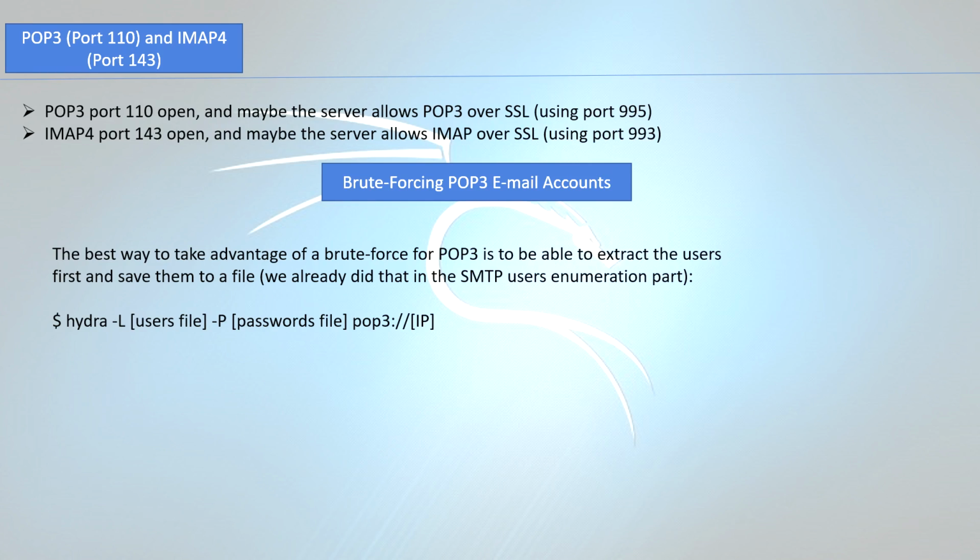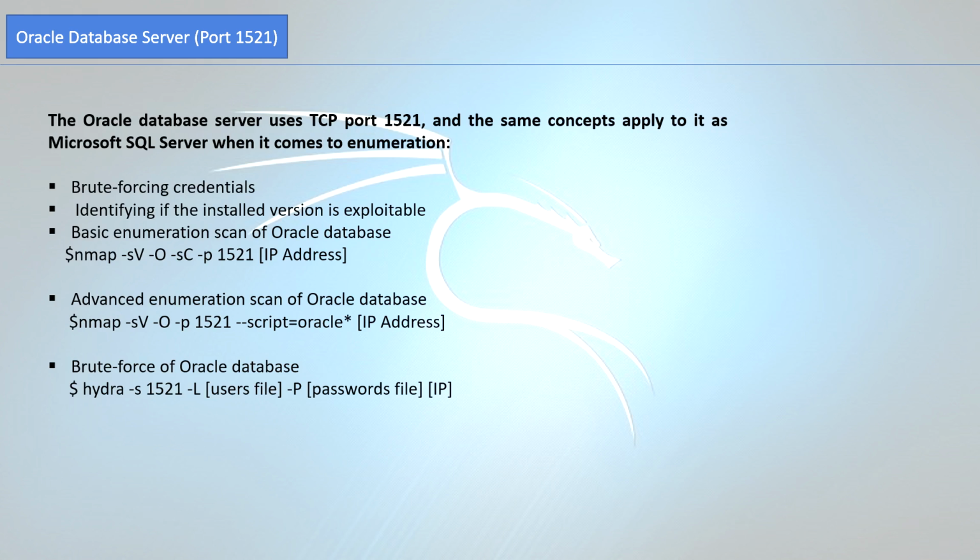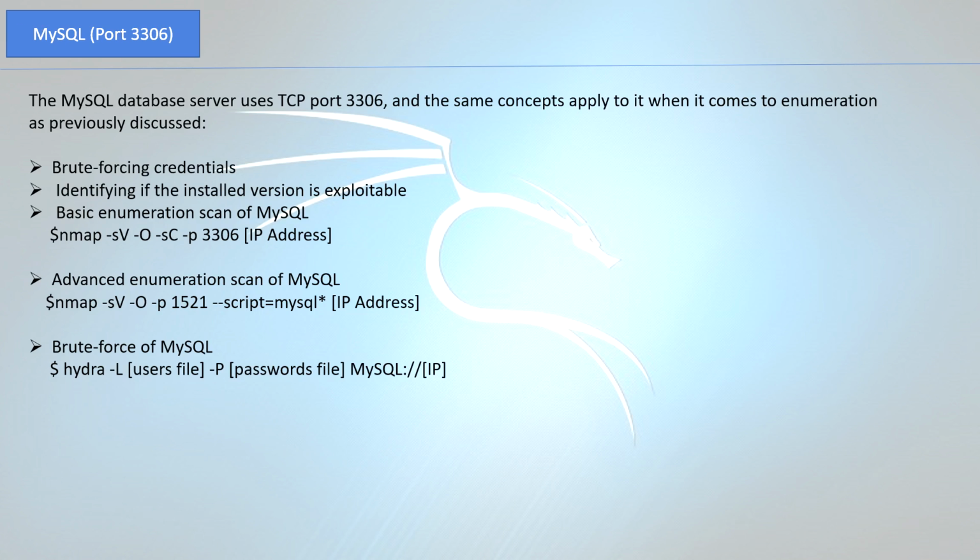POP3, port 110, may be open, and the server may use SSL. Brute force of a POP3 email account is the best way to take advantage of it. Hydra can be used against the Oracle database server for brute force, to identify the installed version for exploitation. Next, MySQL.